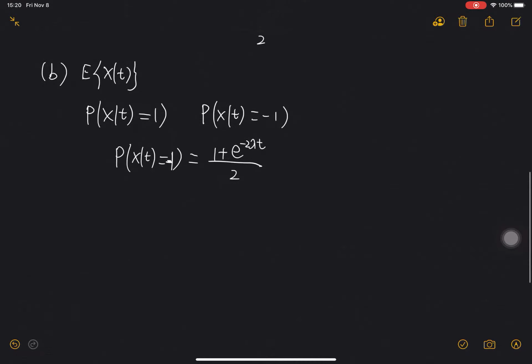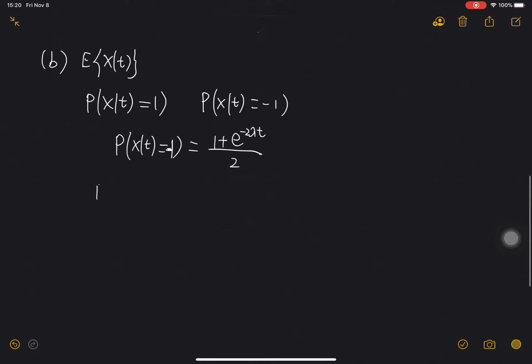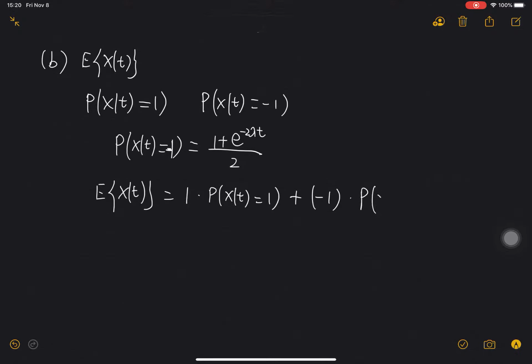Okay, right now we need to calculate the expectation of X(t). So we use the value 1 times the probability of X(t) to be 1, plus the value minus 1 times the probability of X(t) to be minus 1.